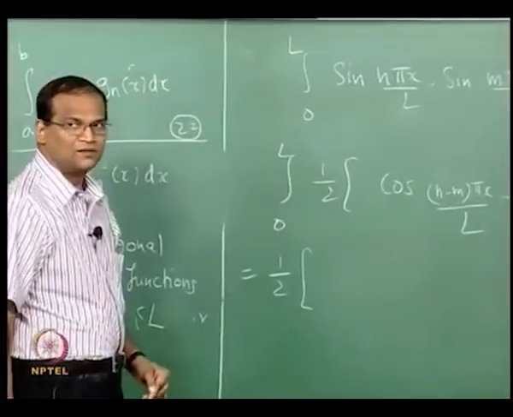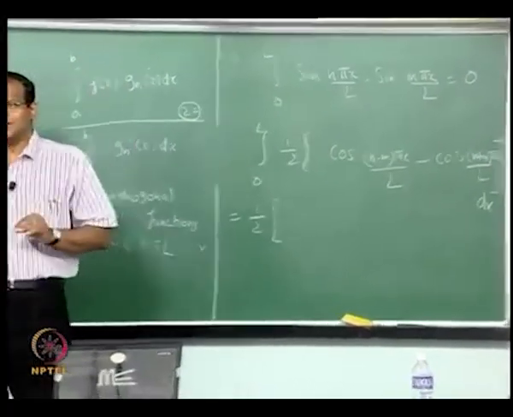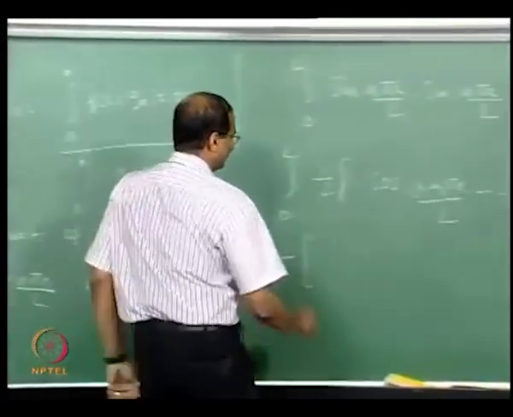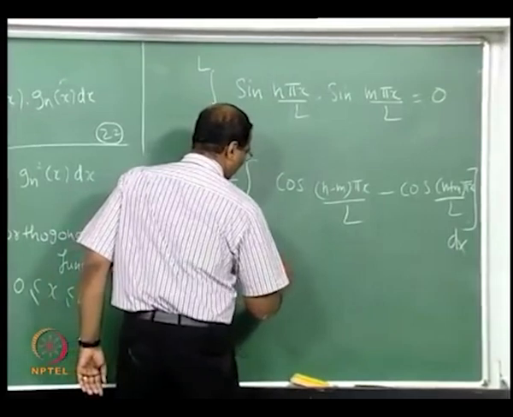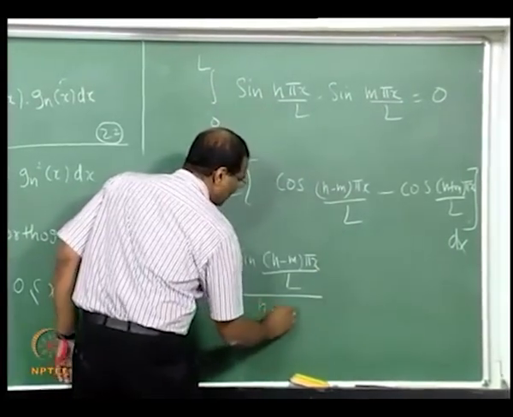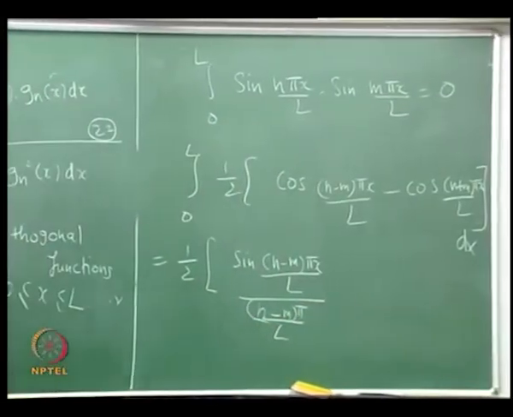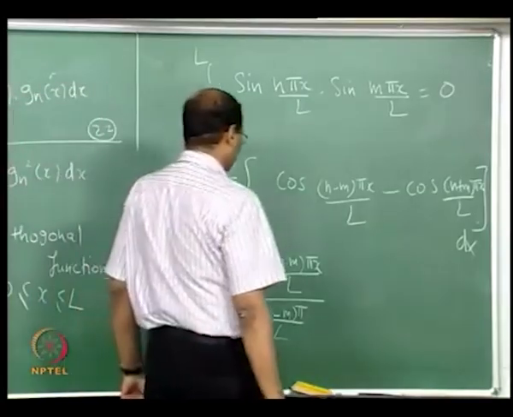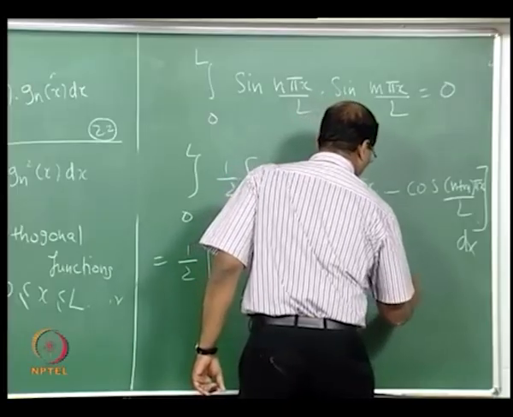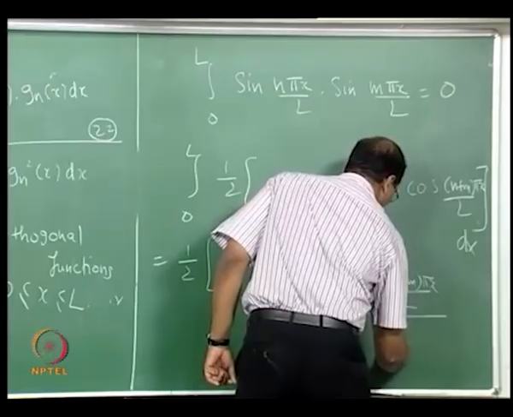Integral of cos is sin, d of sin is cos. Integral of cos is sin by something, n minus m by L, that is okay. Let us not worry about the denominator, anyway it won't trouble.